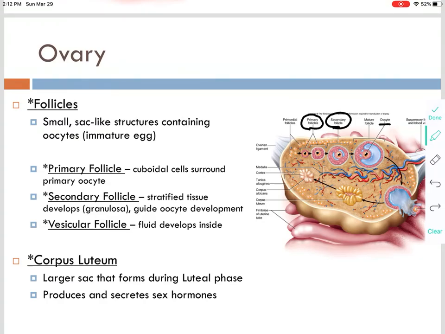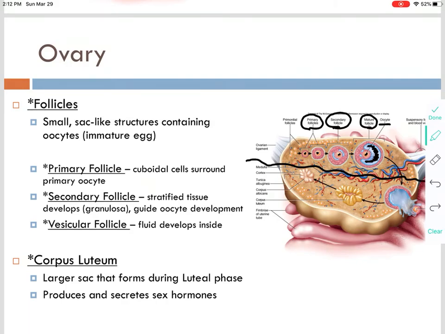The secondary follicle plays more of a role in helping to guide the oocyte in its development. And right before we have ovulation or release, the last phase would be a mature follicle. Another name for that would be a vesicular follicle. One of the giveaways for that is that there's a larger amount of fluid on the inside, which is helping to guide development even more.